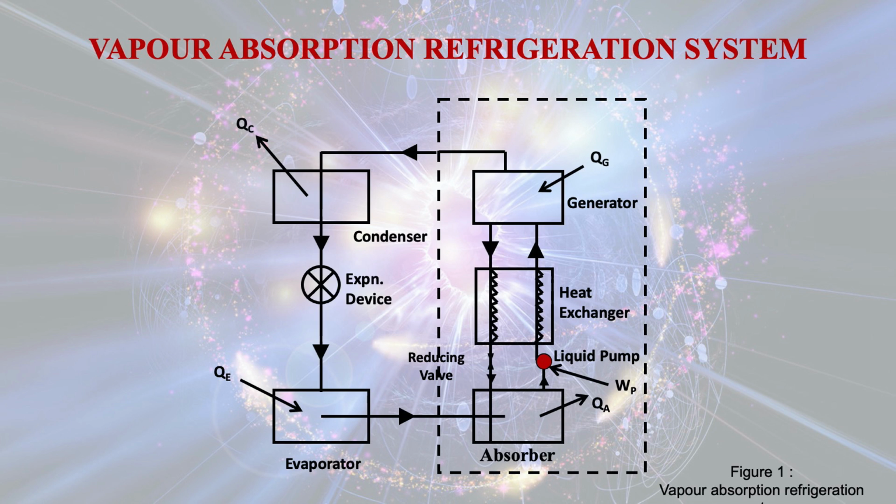You all know the purpose of the condenser, but in the vapor absorption refrigeration system, the compressor is replaced by the generator absorber assembly, which is depicted in the picture with the help of the dotted lines.